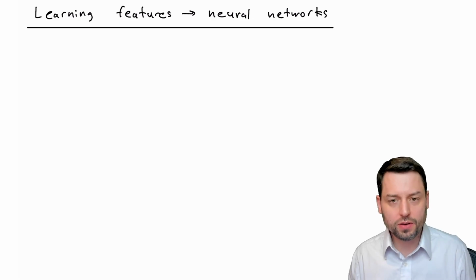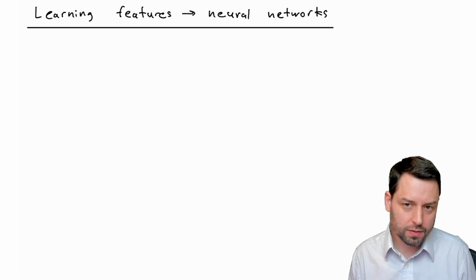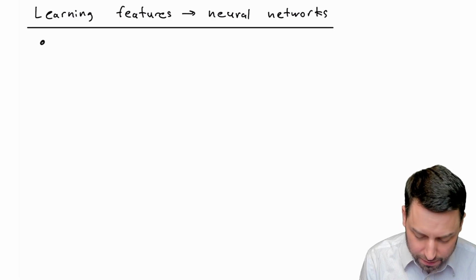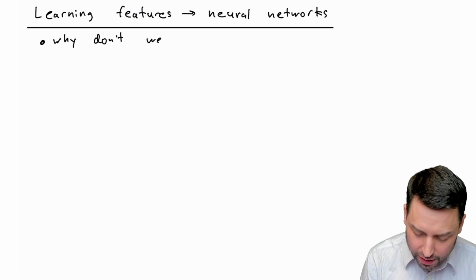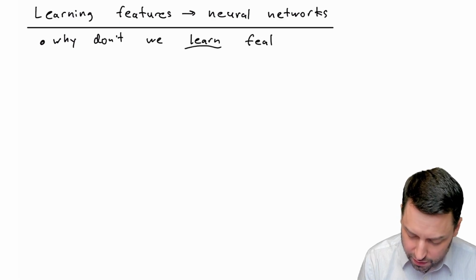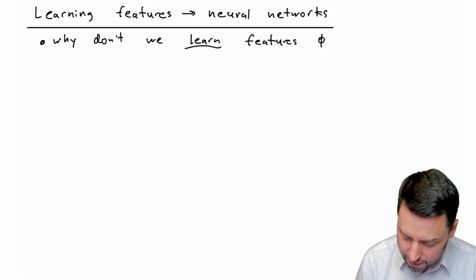the idea I'm going to use to motivate the construction of a neural network is the simple question: why don't we learn the features phi?